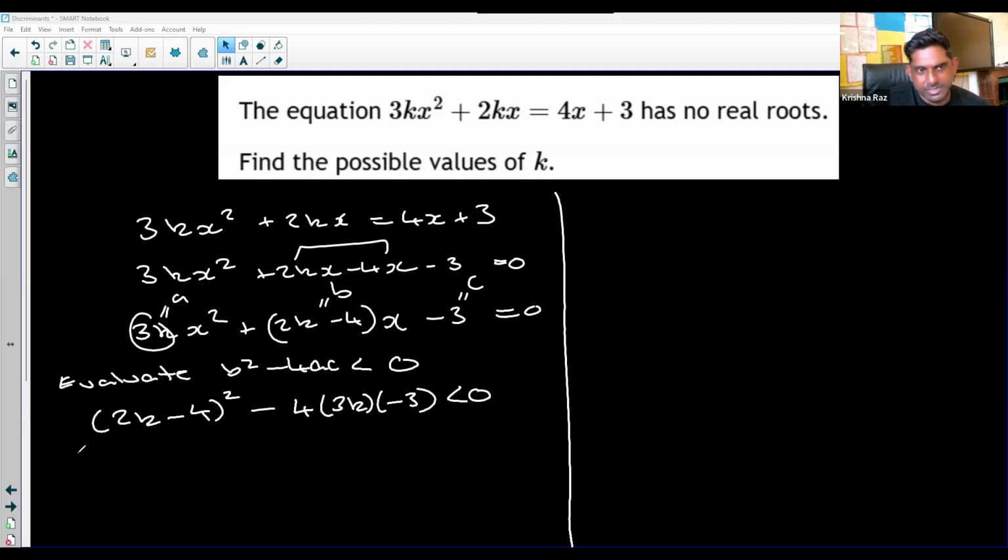So what does this give us? This gives us 4k squared minus 8k minus 8k plus 16. And this is minus 12 times 3k. So minus 36k times by that negative.